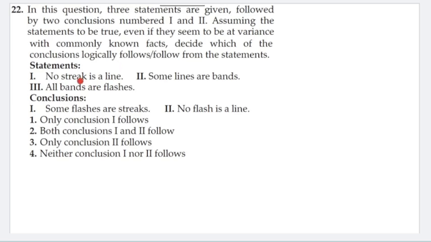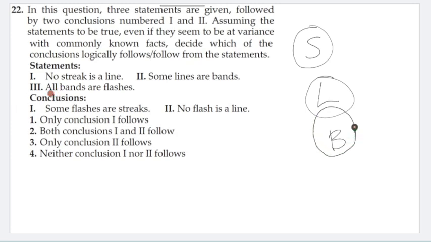So, no streak is a line. Let's suppose S as a streak and L as a line. So there is no relation between them. So no streak is a line. Now some lines are bands. Let's suppose there is a band. So some lines are bands.